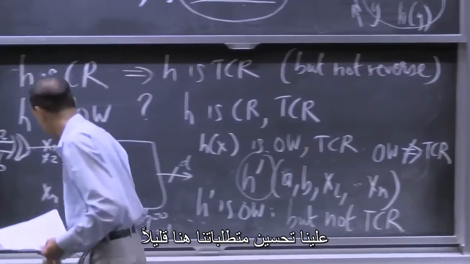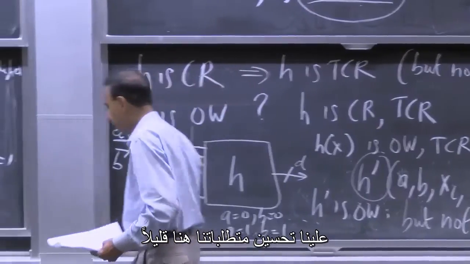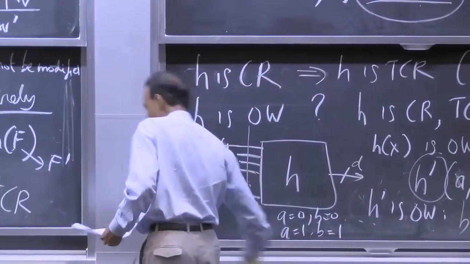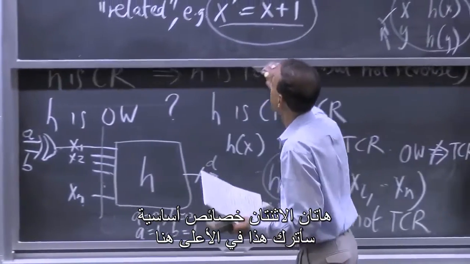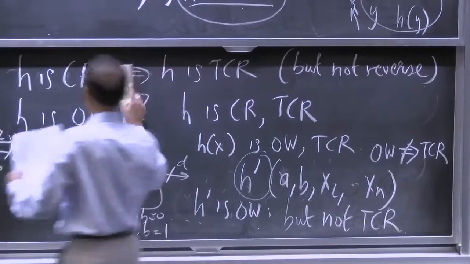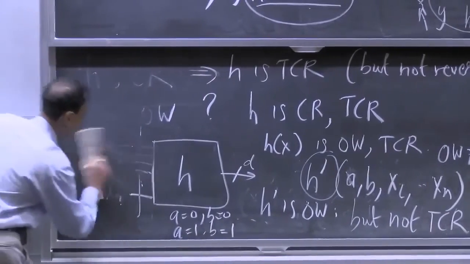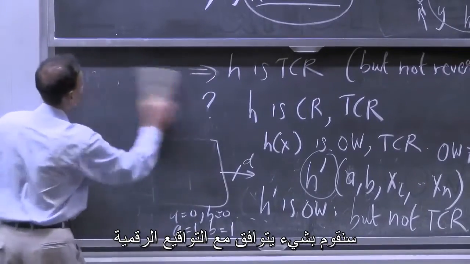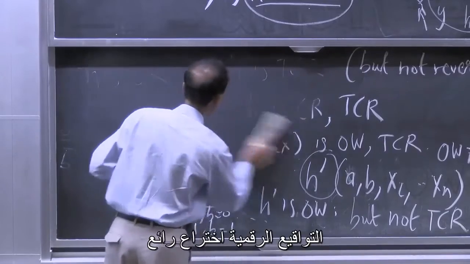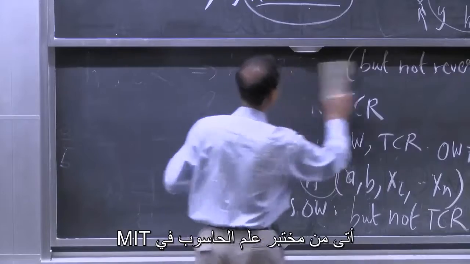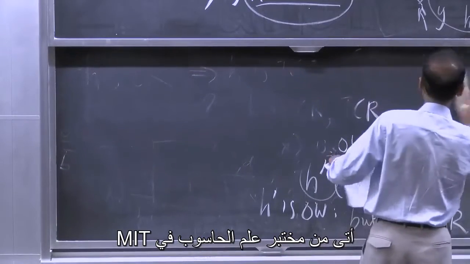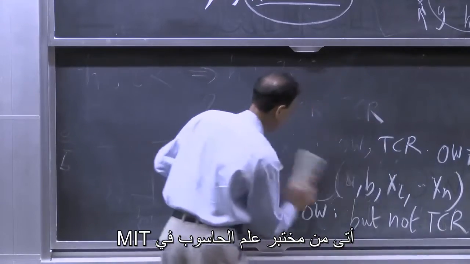And we're going to advance our requirements here a little bit. So those two are basic properties. Oh, I want to leave this up there. We're going to do something that corresponds to digital signatures. Digital signatures are this wonderful invention that came out of MIT and computer science laboratory.